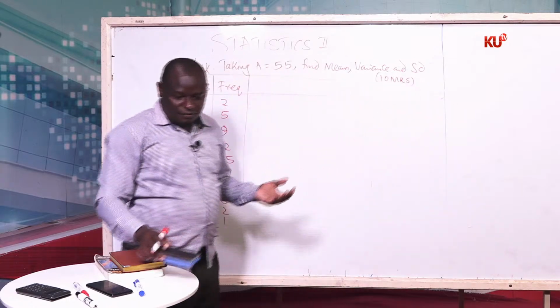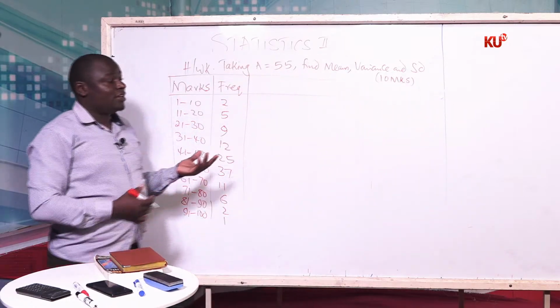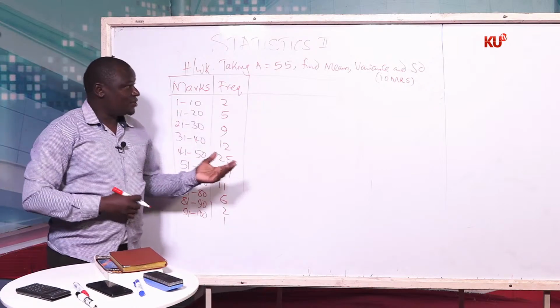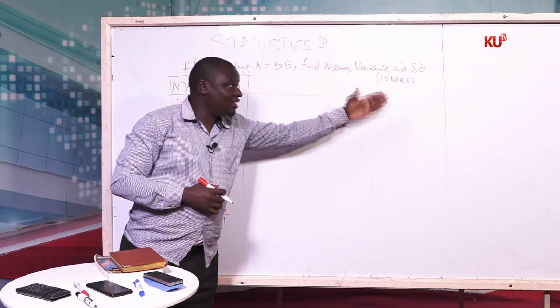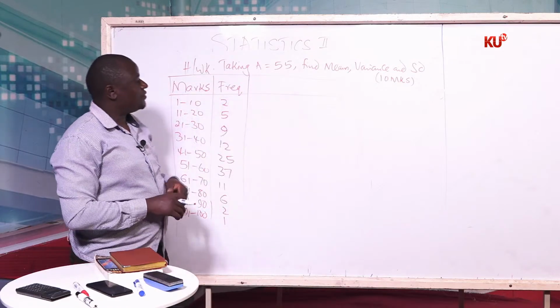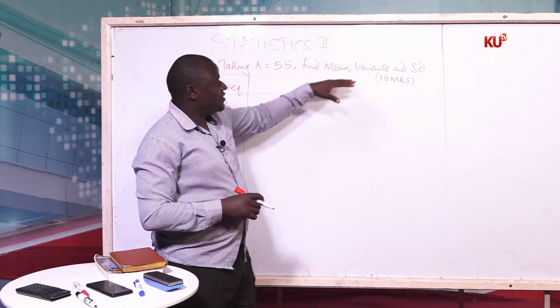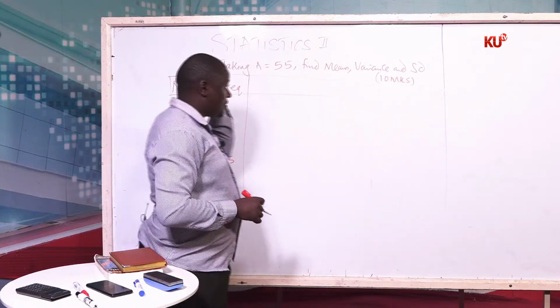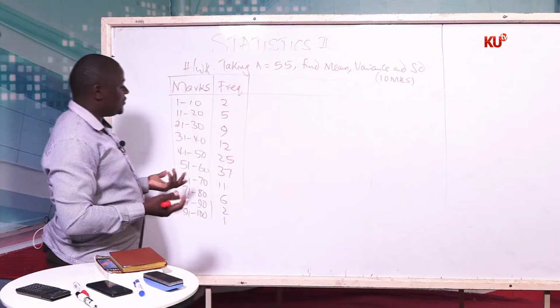These are free 10 marks. What I have taught in this one lesson earns you 10 marks. Taking A, assumed mean, as 55, find the mean, variance, and standard deviation. Your assumed mean is 55.